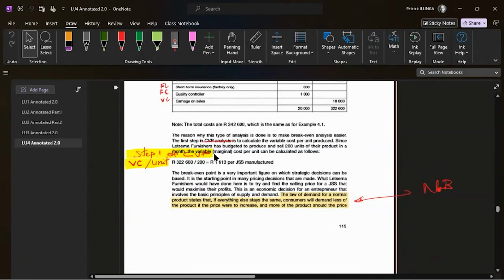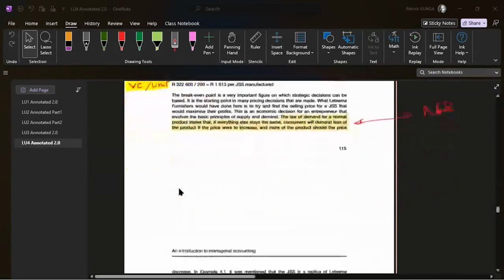This is our variable cost per unit. Does it make sense? Yes. Easy. Jesse, is that clear? Yes. All right.